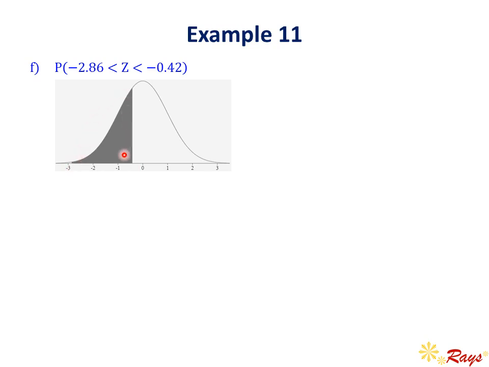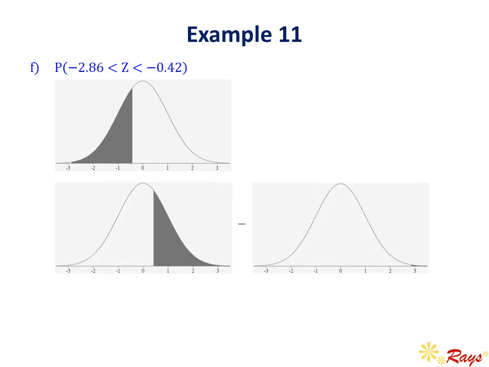To be able to find the probability for this area, we have to transfer this to the right hand tail, so that we can refer to the standard normal table. This area here is equivalent to the whole area here minus the small thing.